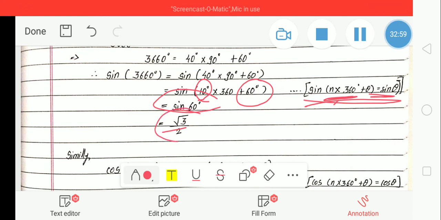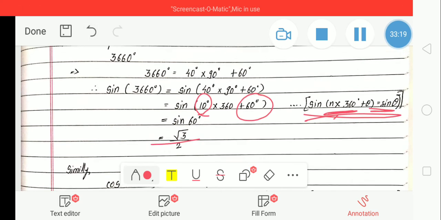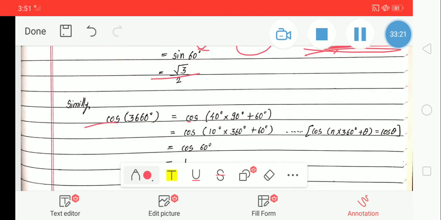In the last lecture we studied all the values: sine 30, sine 90, then tan 45, tan 60. We studied those values. So here we use sine 60 is equal to root 3 by 2. Similarly, we can take cos on both sides.